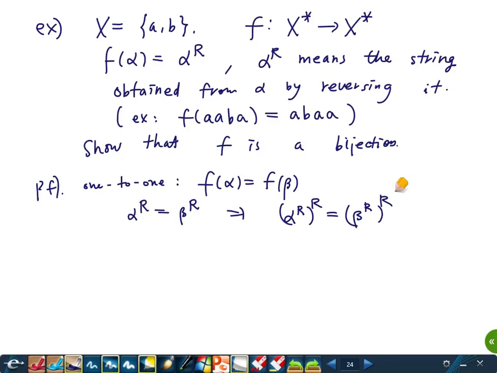If you have the same sequence and you reverse them, of course you must get the same thing. But what is this? You have alpha, then you reverse it and reverse it again, then what do you get? The original sequence, alpha. And here again, reverse and reverse must be itself. So alpha equals beta. So it's one-to-one, right? That's done. What about onto?